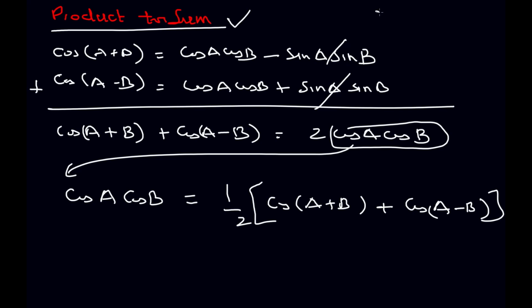Remember, we had sum and difference identities. Okay. Then now we have product to sum. All right, so what are these product to sum? Let's list them out.